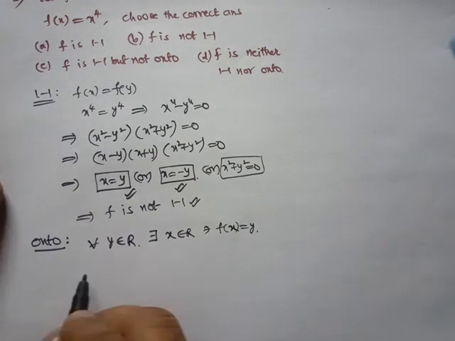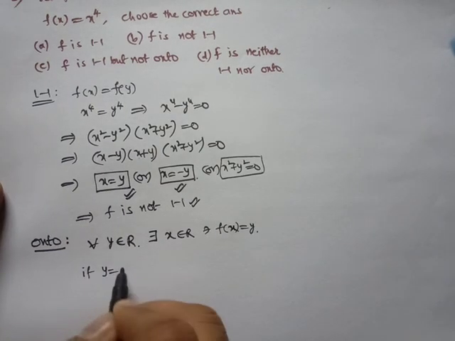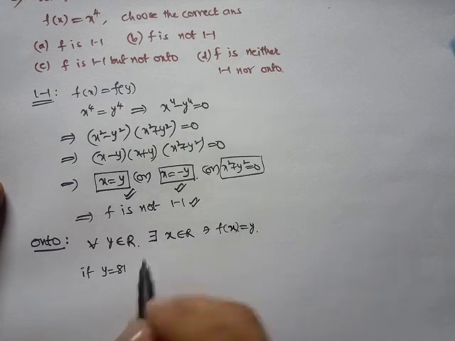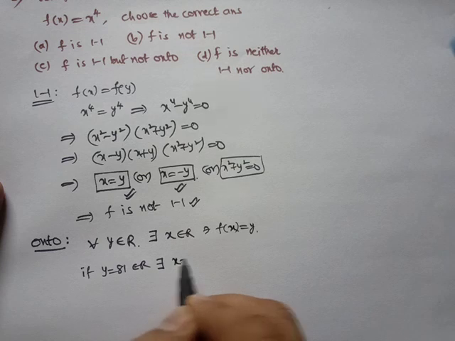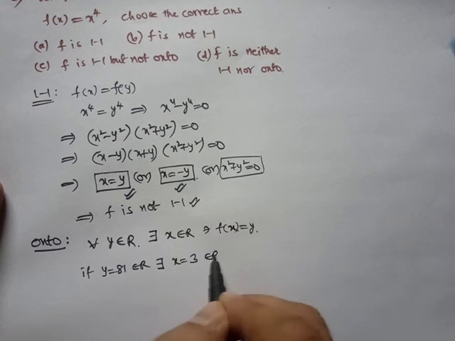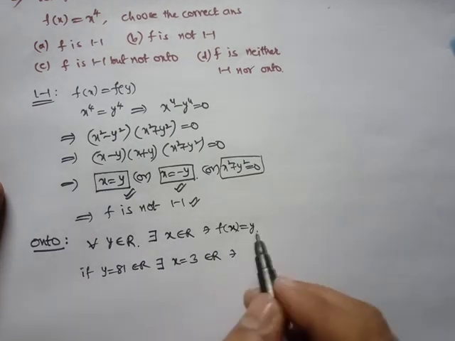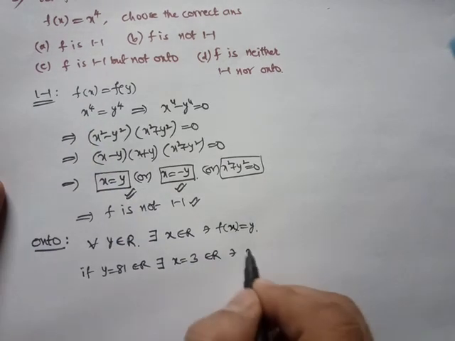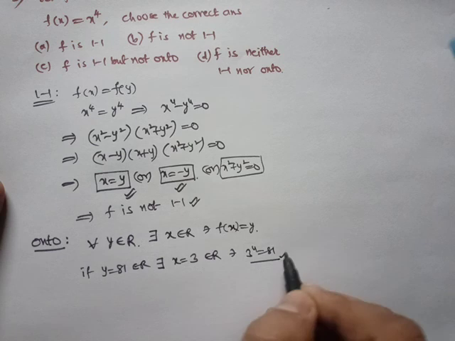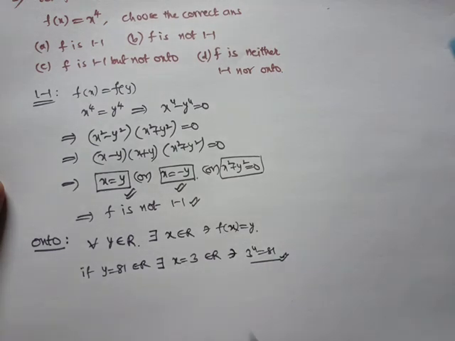Then if y equals 81 belongs to R, then there exists x equals 3 belongs to R such that f of x is nothing but x power 4. So 3 power 4 equals 81. It is okay. And what is the main thing we are observing here?